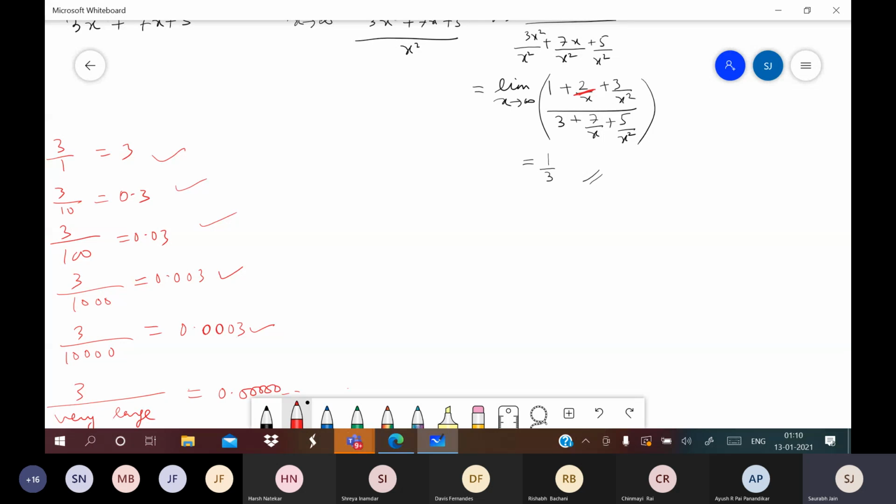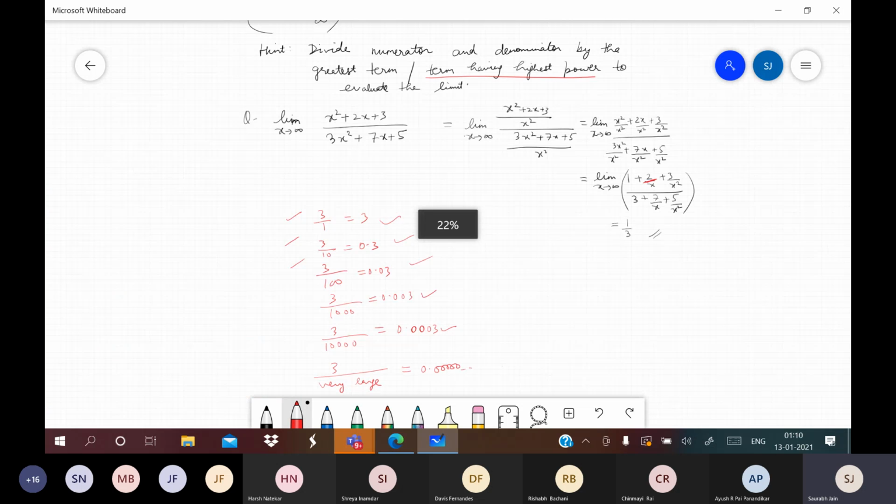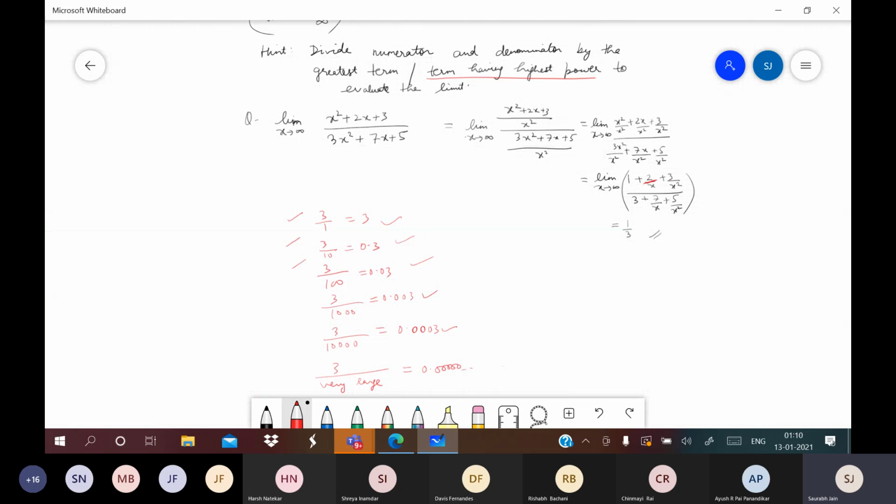That is why we use the symbol limit. I hope this is clear. So the point is, whenever you see such types, you have to follow this one particular line, and based on that you have to do the calculation. And remember that a finite number upon a very large number will always tend towards 0. This is the concept behind it.